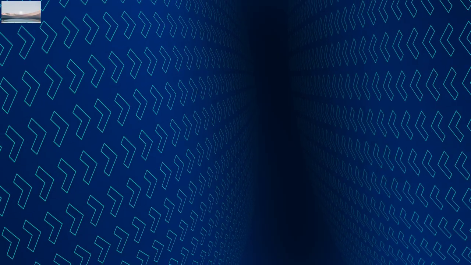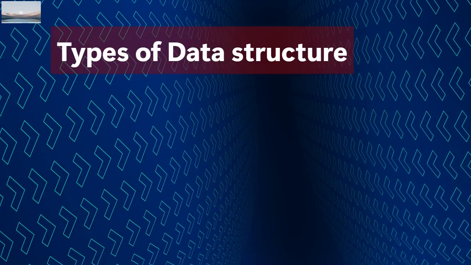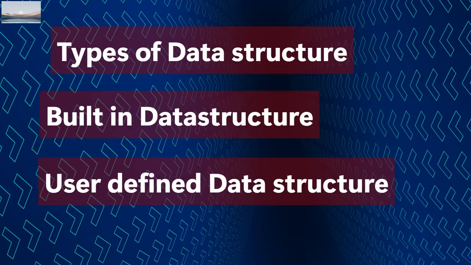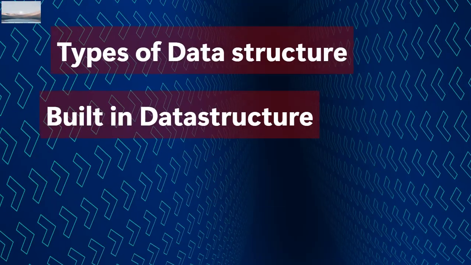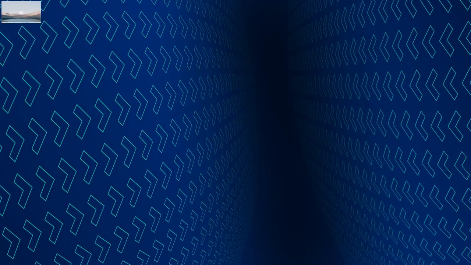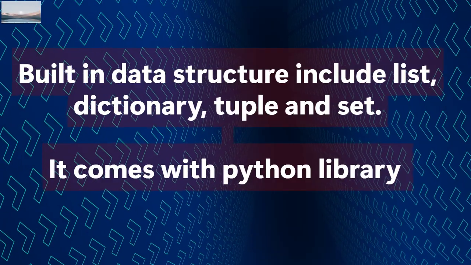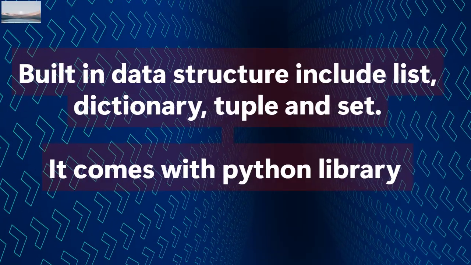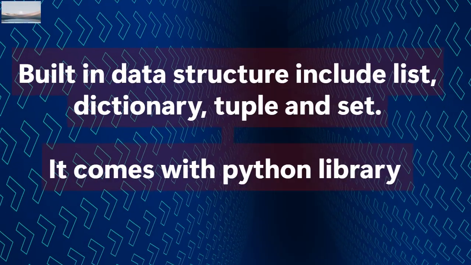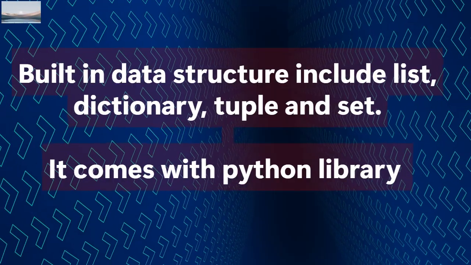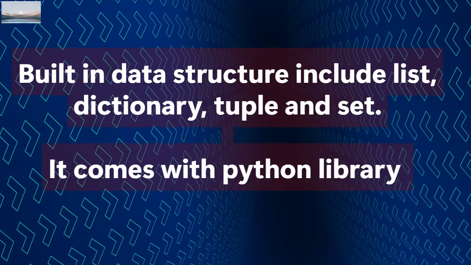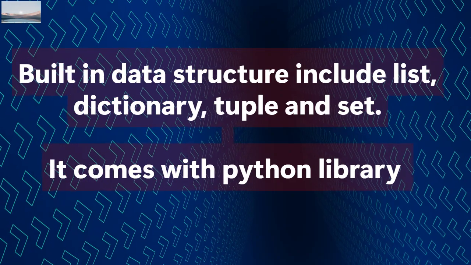There are two types of data structure. We have the built-in data structure, and you have the user-defined data structure. The built-in data structures include list, dictionary, tuple, set. It's called built-in data structure because this type of data structure comes with Python libraries.